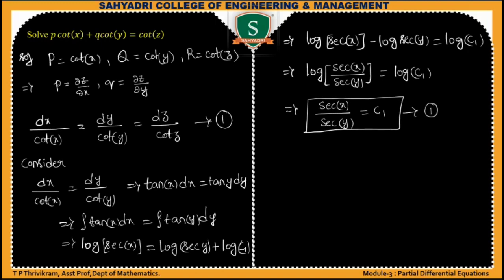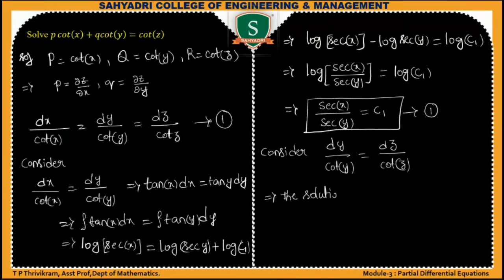Similarly, consider dy by cot y is equal to dz by cot z. Proceeding in a similar way, what happens?